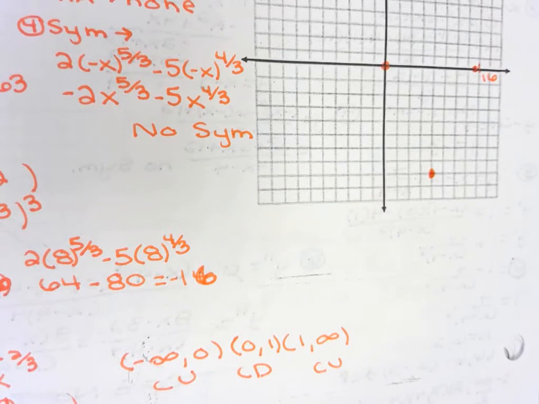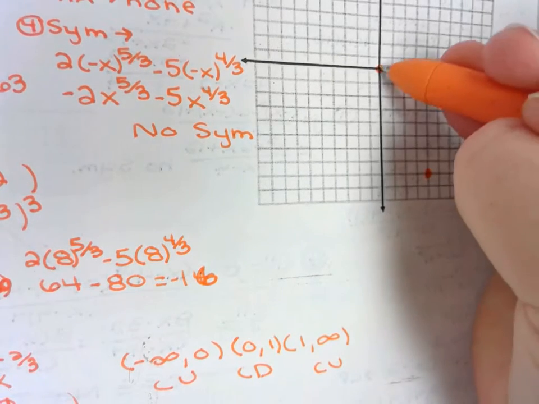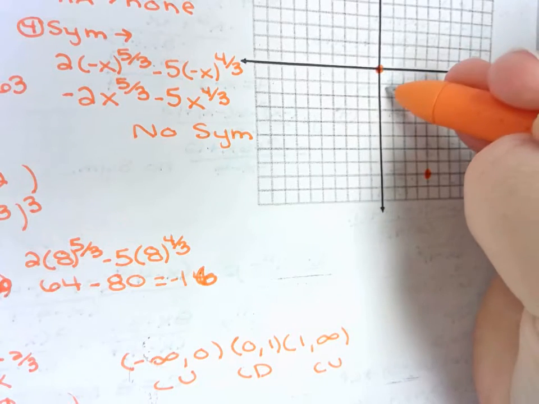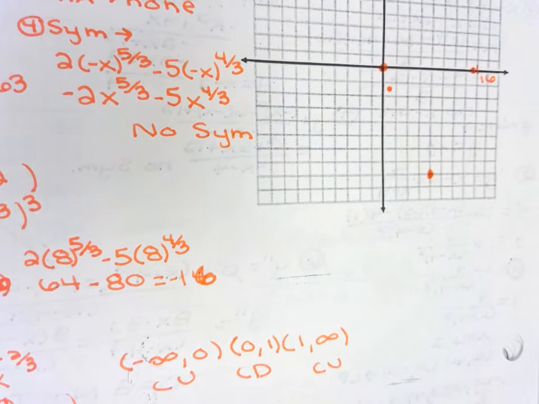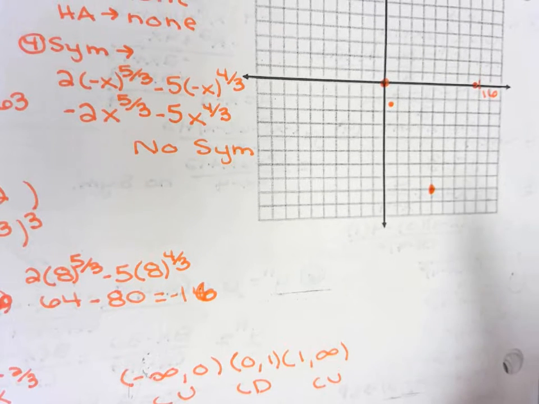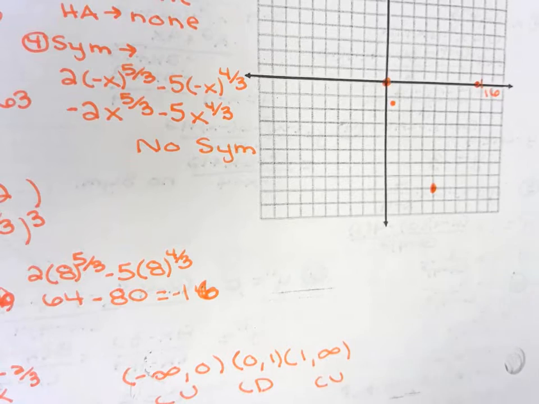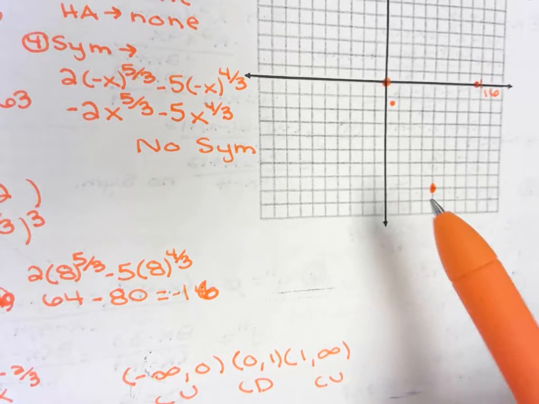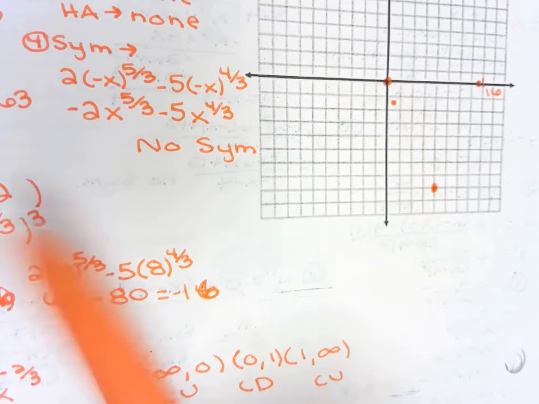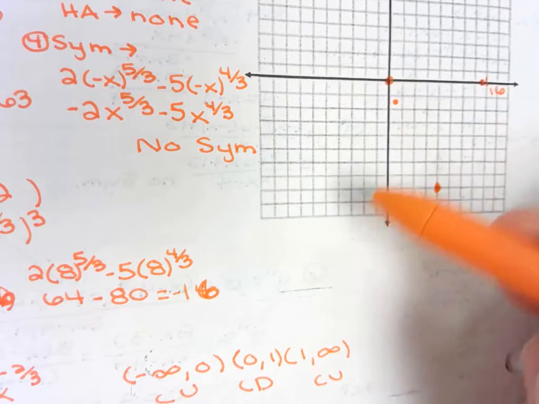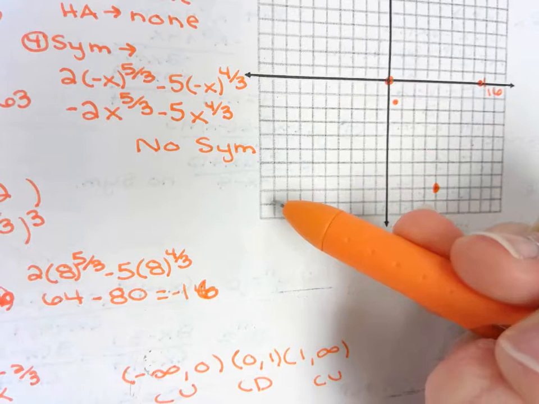And then let's go ahead and plot my inflection points. So 0, 0, and 1, negative 3, which is going to be right there because I'm going by 2. So it's going to be over 1, down halfway between 1 and 2. So now let's go ahead and graph this. As I graph this, I don't have any asymptote, so I don't have to be approaching something. But as I look at this, from negative infinity to 0, I am increasing and concave up.